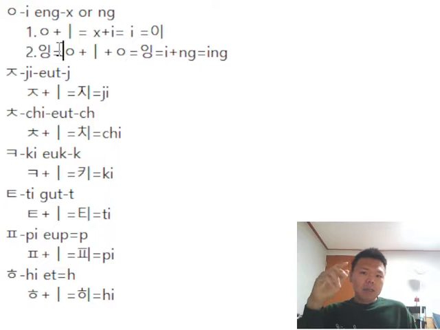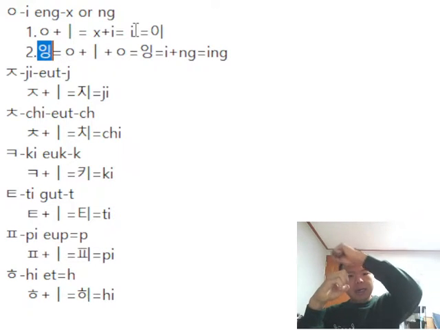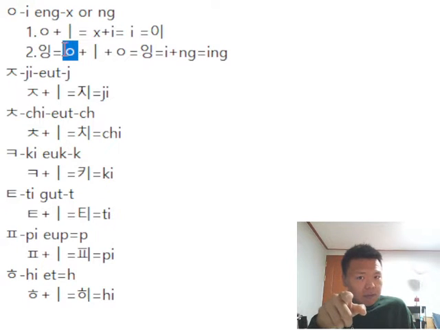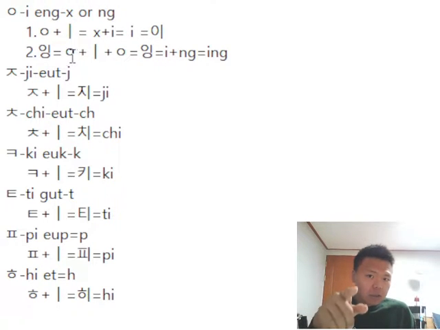But the second case is when we use 이음 under another letter, as a final consonant. First, 이음 has no pronunciation, so 이, but when 이음 is under the other letter, it is pronounced ng.